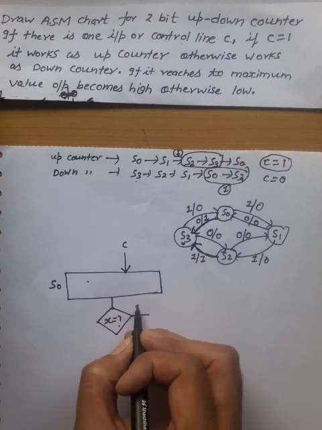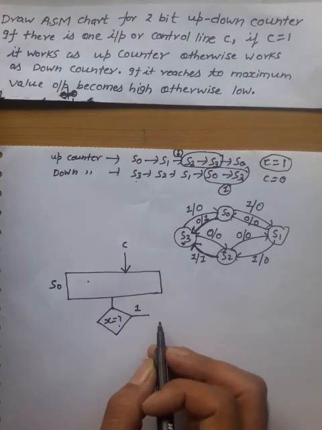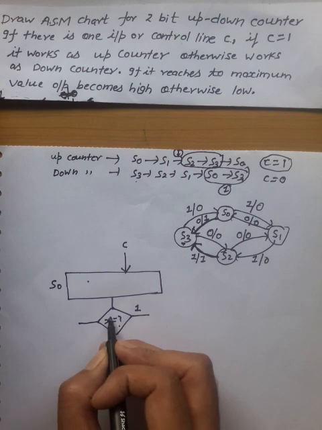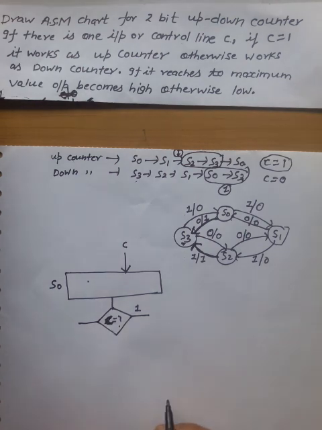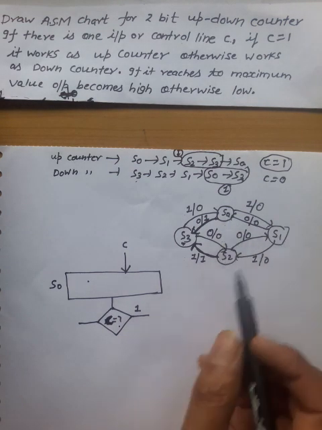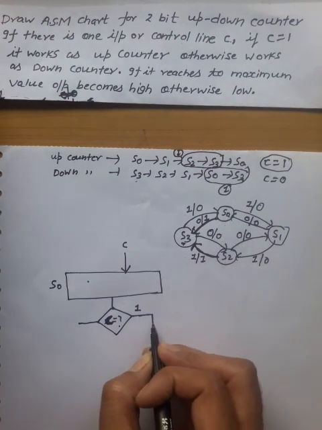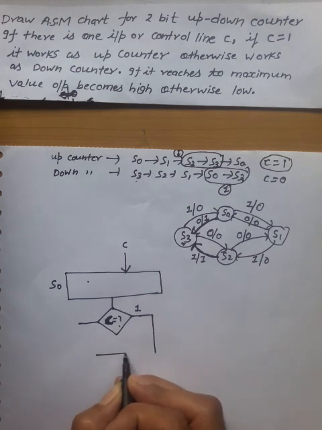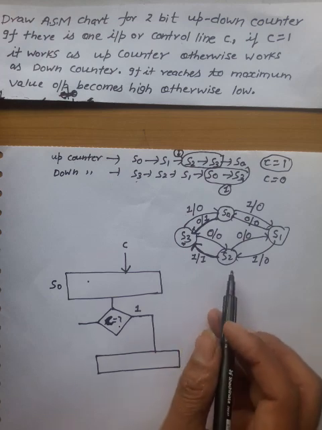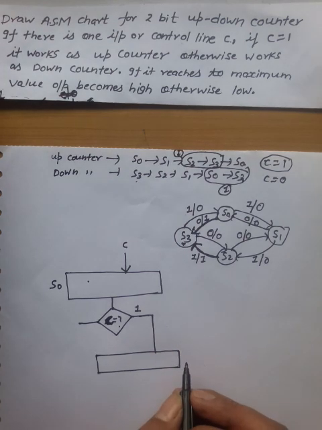If its value is 1, it works as up counter, going from S0 to S1. Output is 0, so I am not using a Mealy box.